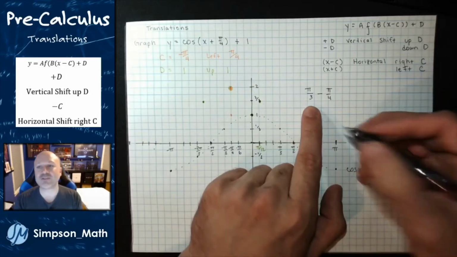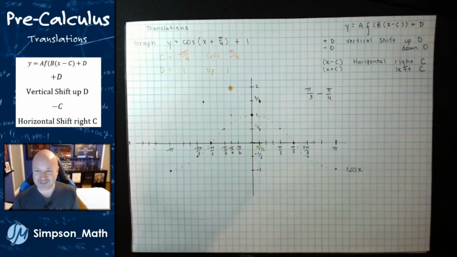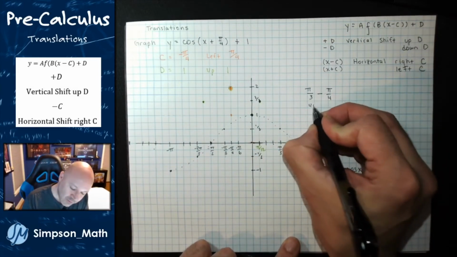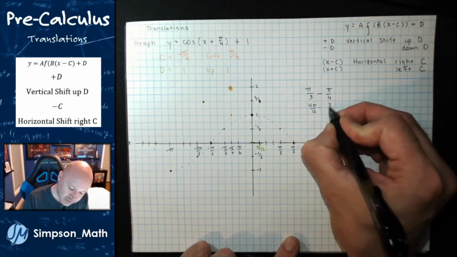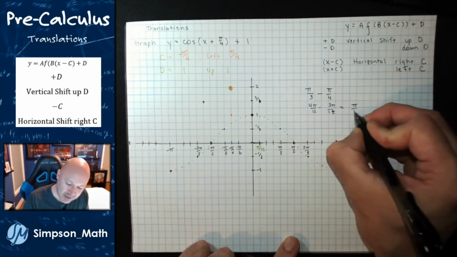In order to subtract these two, I would need a common denominator. So I'm going to convert them to twelfths, which is what I've said. Count by twelfths. Everything's easy. So this is 4 pi twelfths minus 3 pi twelfths, which, yes, is 1 pi twelfth.